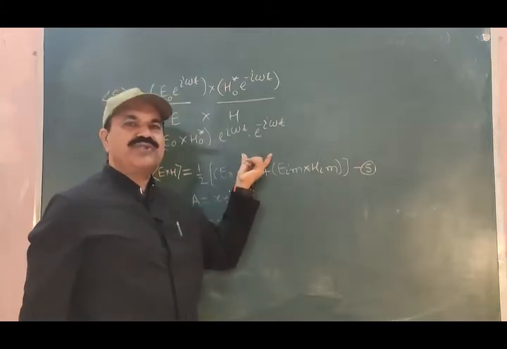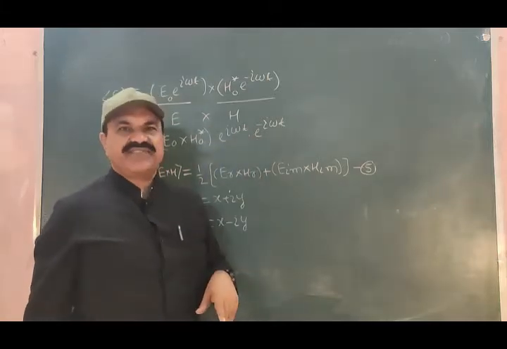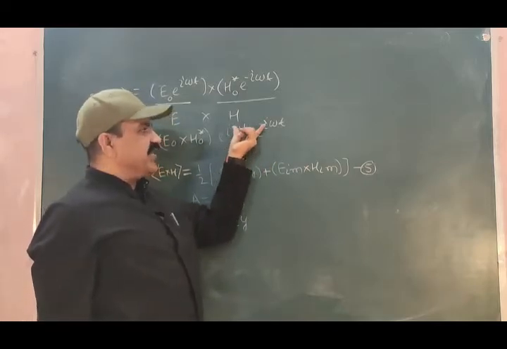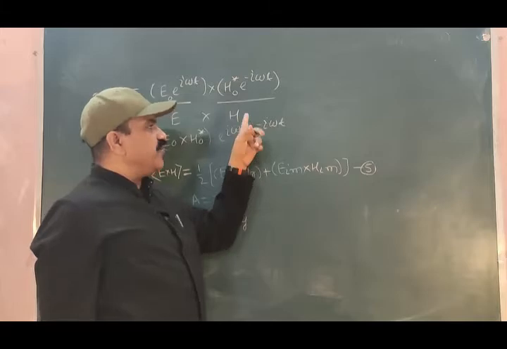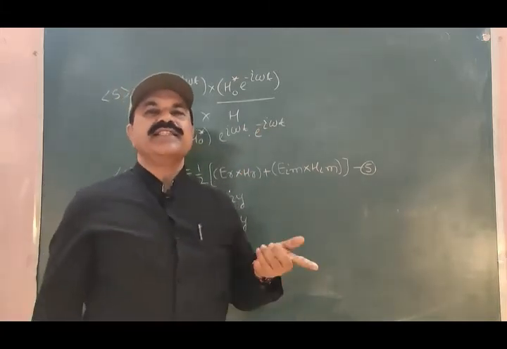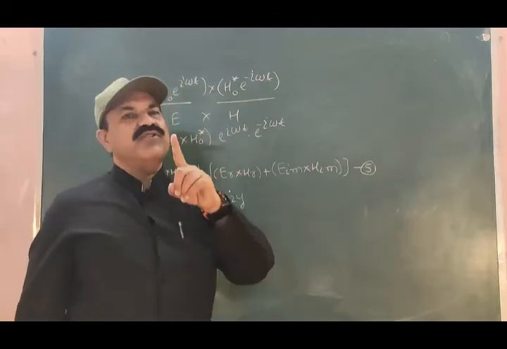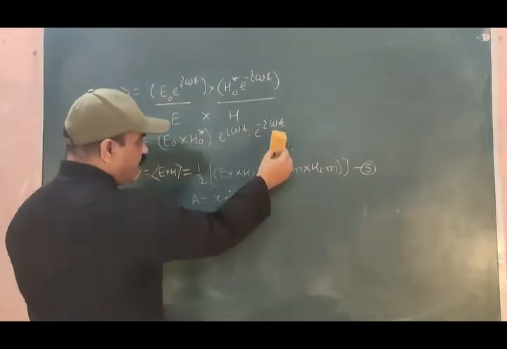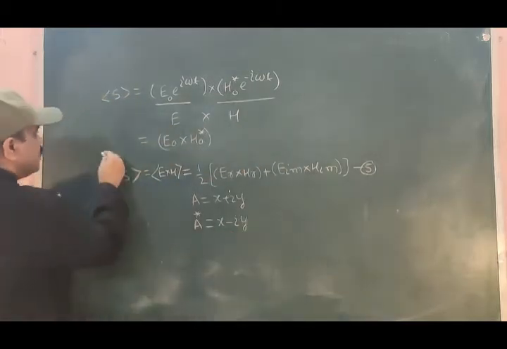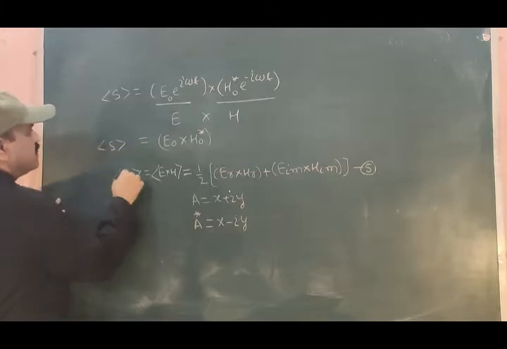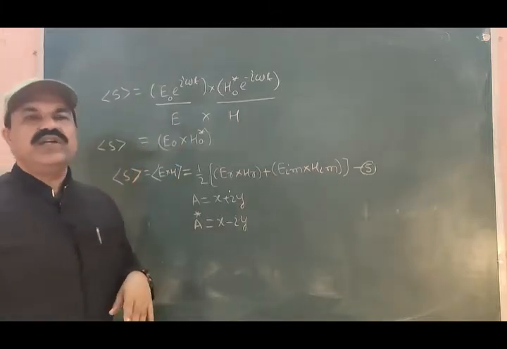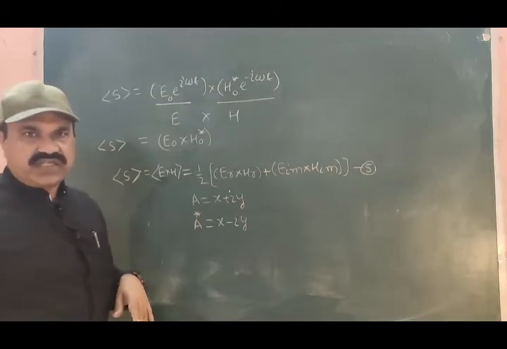Add the indices, the base is the same. If we add the indices, we will have e to the power i omega t minus i omega t. The index will become 0, e to the power 0 is 1, and therefore this product will simply become 1, and here we will simply have time average of S equal to E0 cross H0 star.